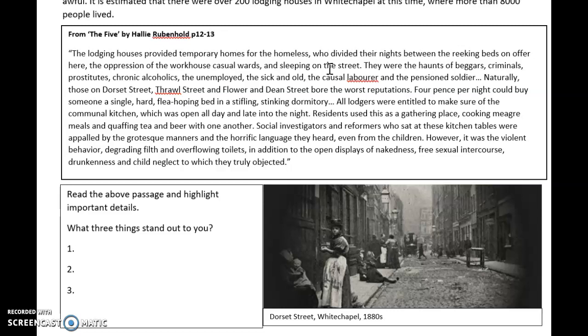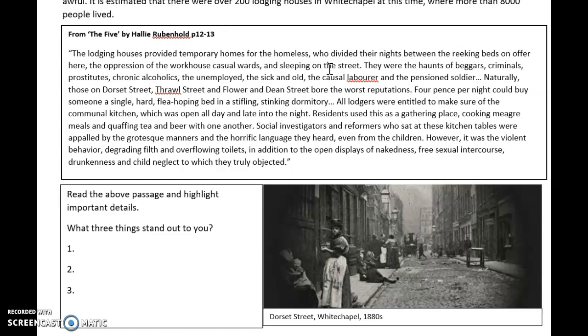4p per night could buy someone a single, hard, flea-hopping bed in a stifling, stinking dormitory. All lodgers were entitled to make use of their communal kitchen, which was open all day and late into the night. Residents used this as a gathering place, cooking meagre meals and quaffing tea and beer with one another.